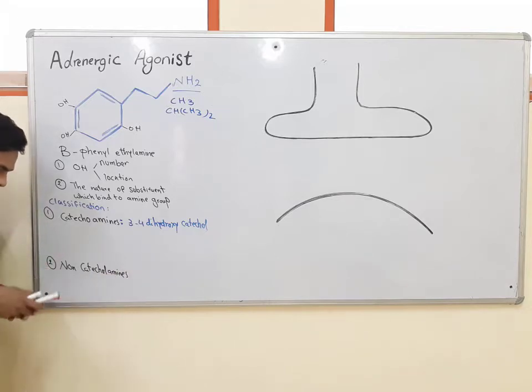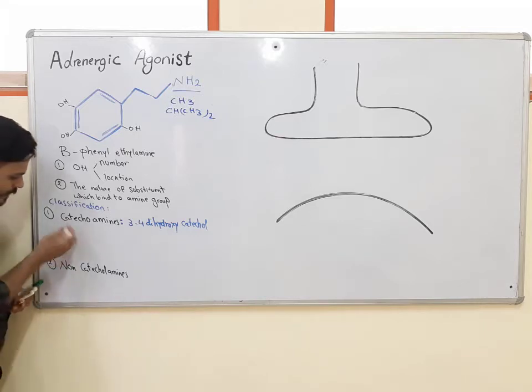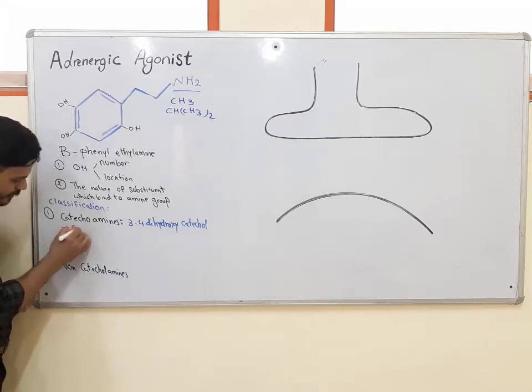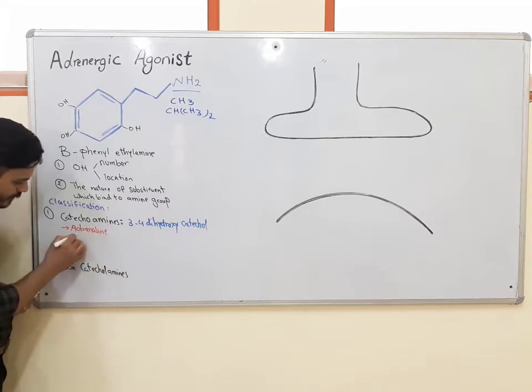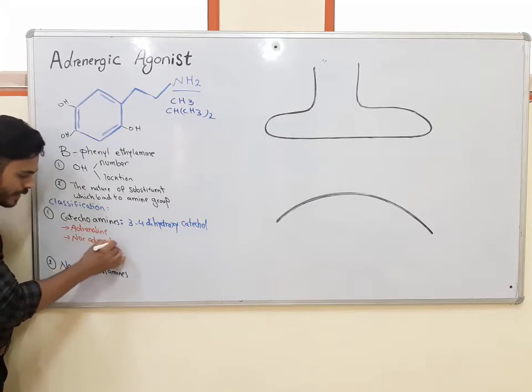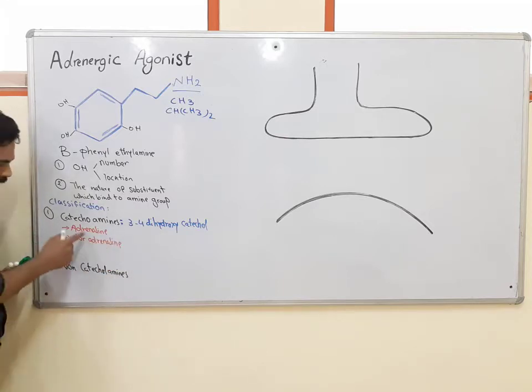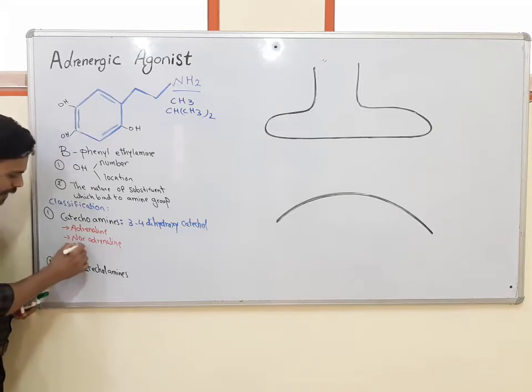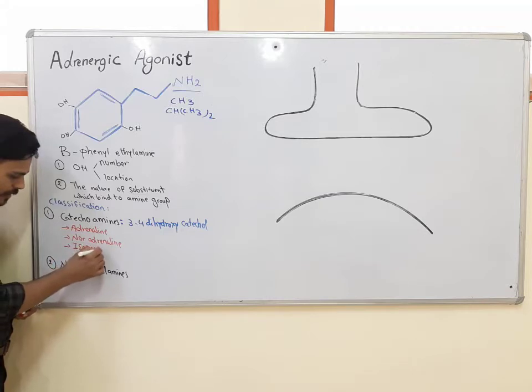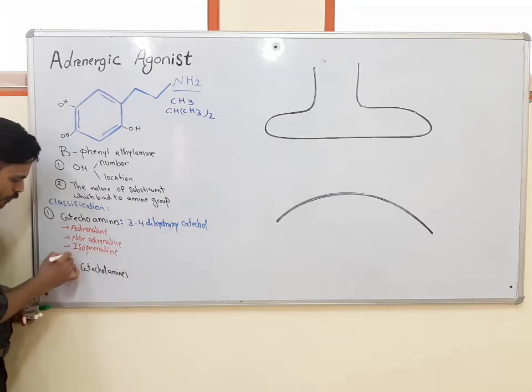In catecholamines, we have different drugs. We have adrenaline, we have noradrenaline. Other names for adrenaline and noradrenaline are epinephrine and norepinephrine. We have isoprenaline and we have dopamine.